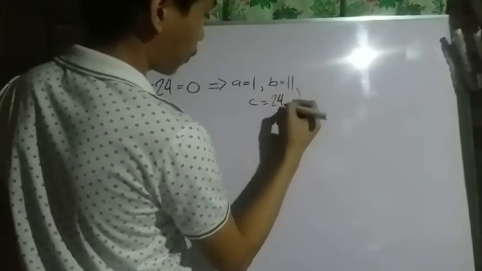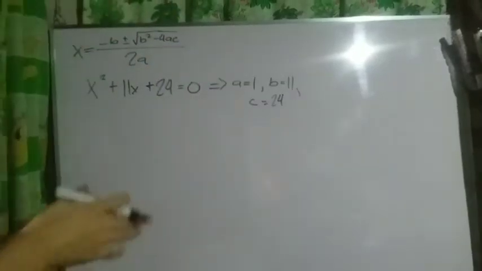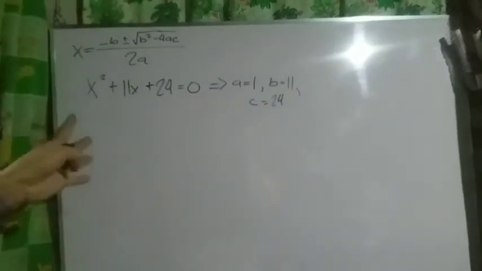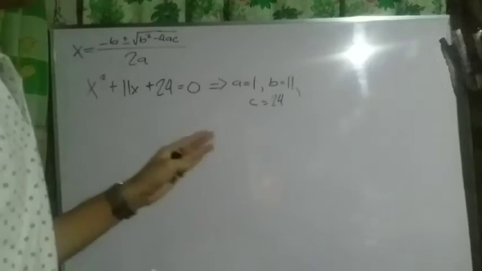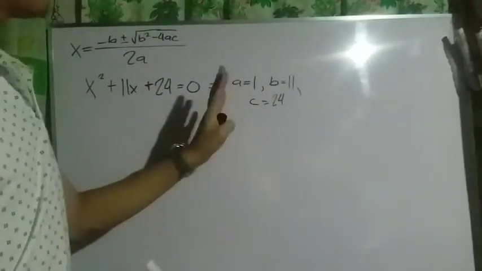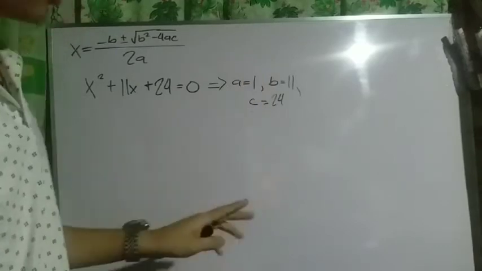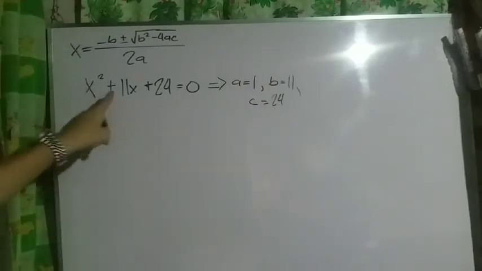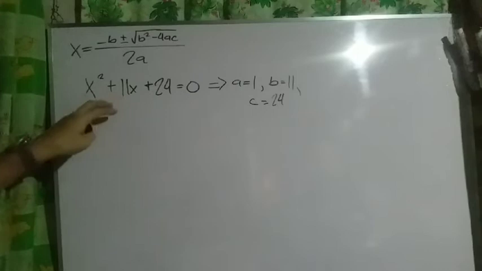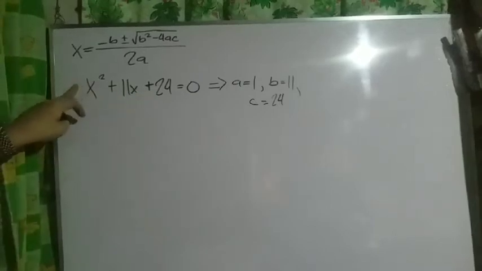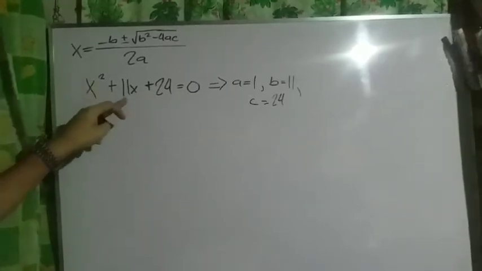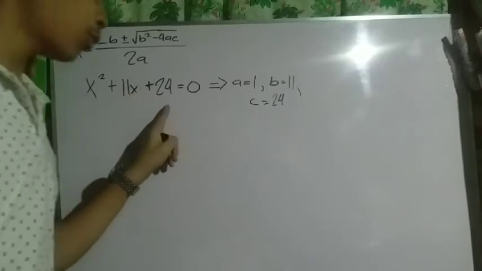Positive 24. Note, guys, after you identify the variables a, b, and c, you need to be careful of their signs. So as you can see, it is all positive: x squared, positive 11x, and positive 24.